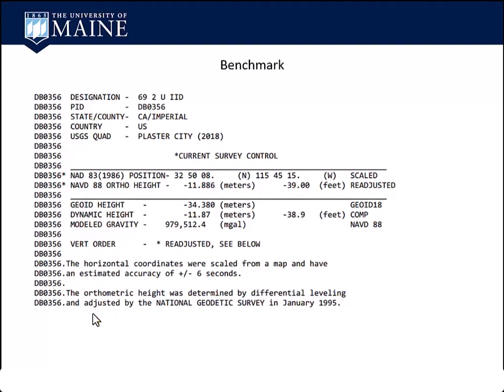Okay, that's truly leveled control. Okay, so up here, right here, ortho.